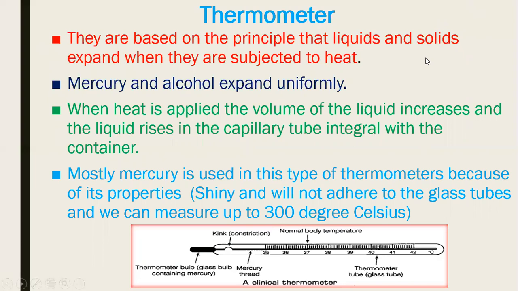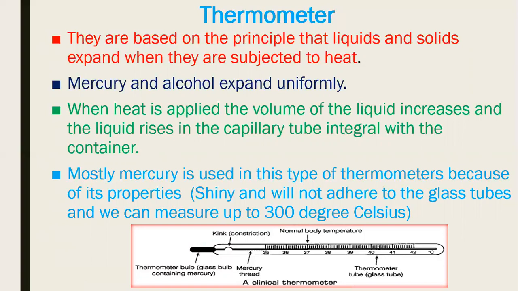Next one is the thermometer. To measure normal temperature, we use a thermometer. They are based on the principle that liquids and solids expand when they are subjected to heat. So when you place a liquid or solid near a heat source, what will happen?